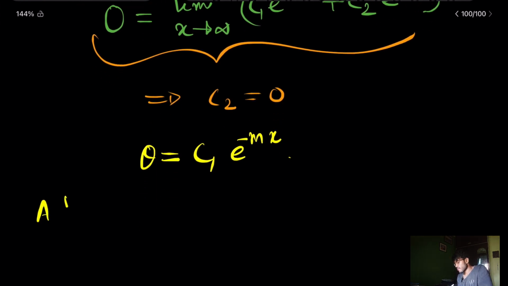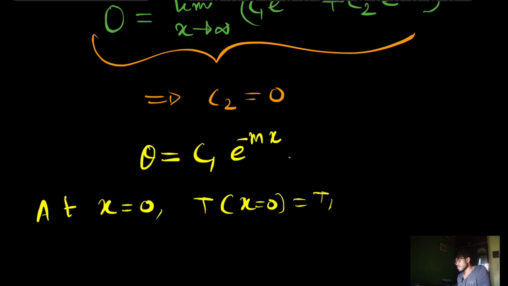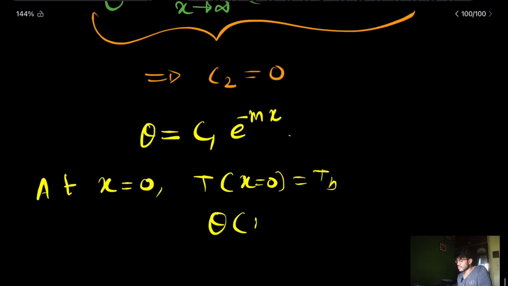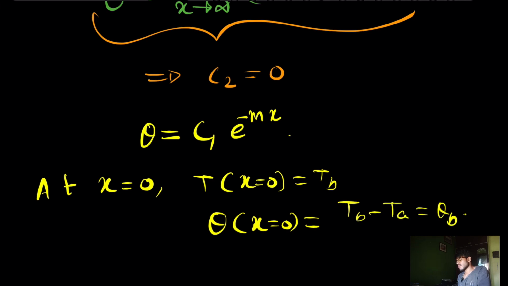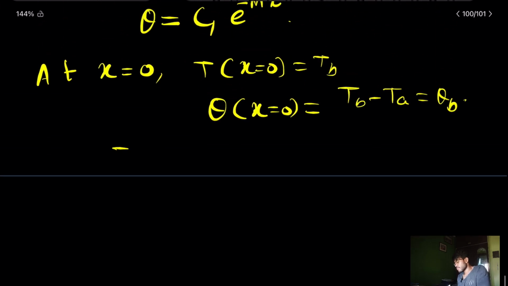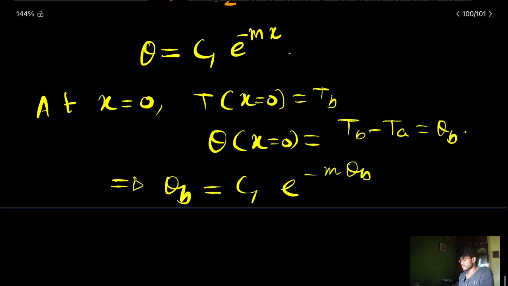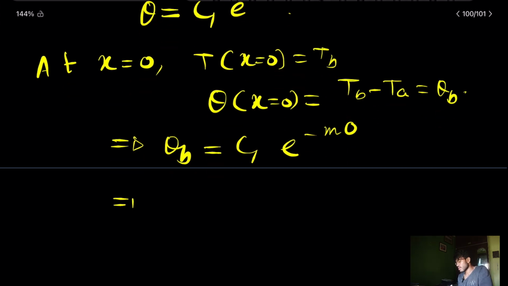For that, at x equal to 0, that is my base, T of x equal to 0 is equal to Tb. Similarly, theta at x equal to 0 will be Tb minus Ta, and that I will term as theta b. That means theta b is equal to C1 e to the power minus m into 0.